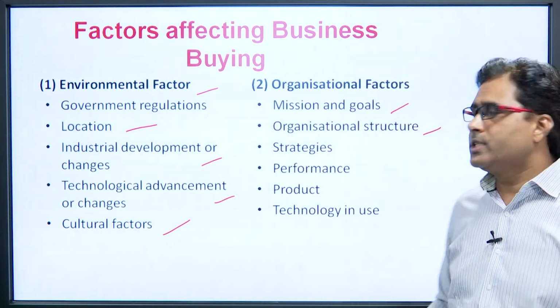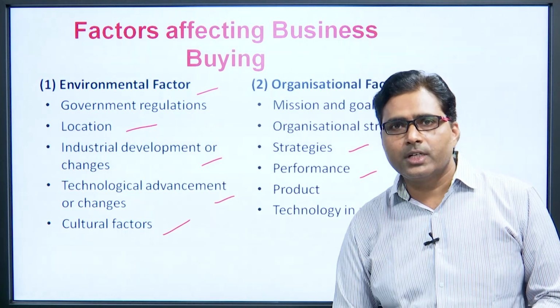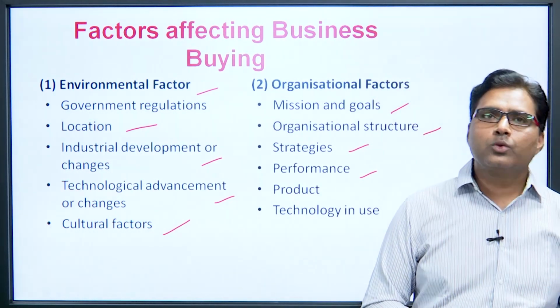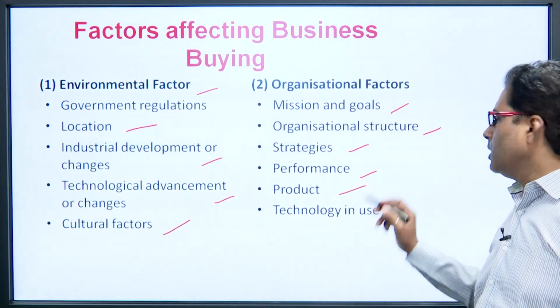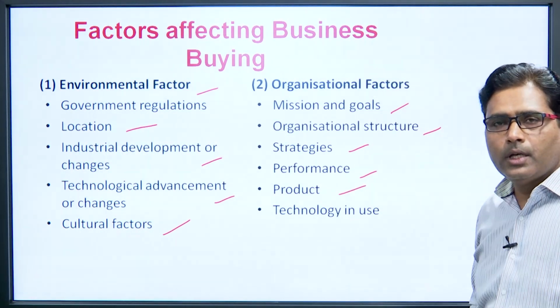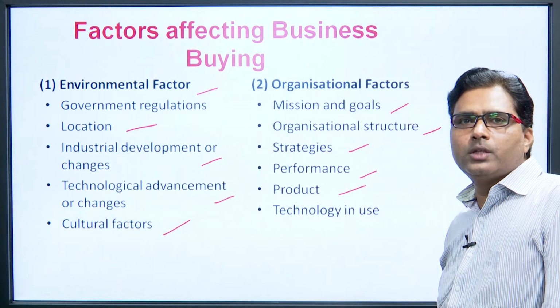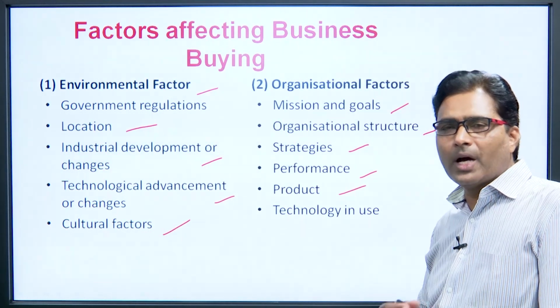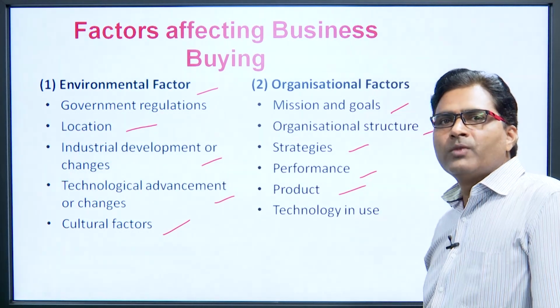What are the strategies and performance of the organizations? It means different kinds of strategies and performances are going to affect the business decisions. The product they are offering to the market will surely have an impact on the types of raw material used, the types of parts, and the types of services the organizations are going to use.